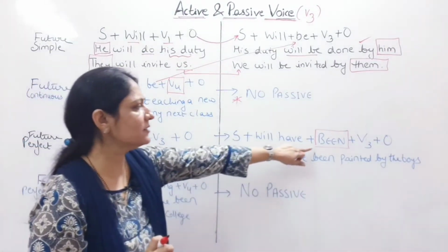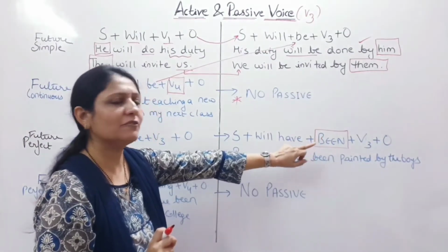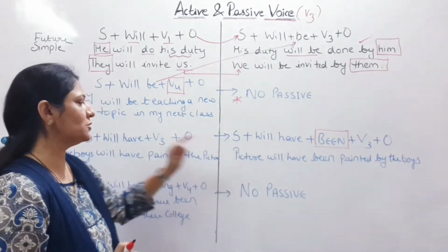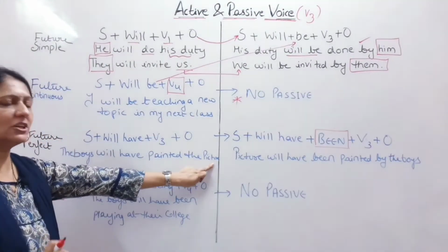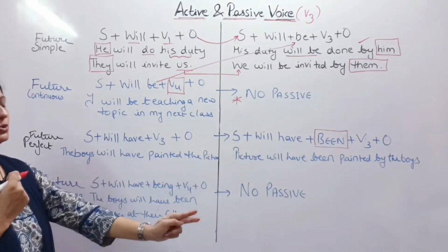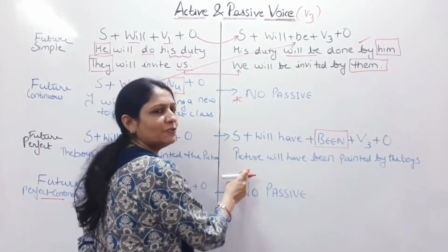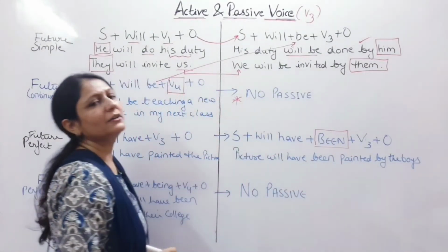It is the word been. Similarly, we will add this word in future tense passive voice also. So here, boys was the subject, picture was the object, this will reverse in case of passive voice. So see, my answer will be: picture will have been painted by the boys.